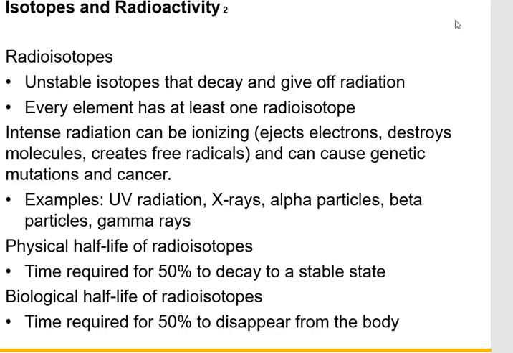So some of them, it's a matter of minutes. Every couple of minutes, it loses some of its radioactivity until in a very short period of time, it's not radioactive anymore. There are other things that have such slow decay rates that it may take 4,000 years, 5,000 years, 10,000 years for half of it to not be radioactive anymore.